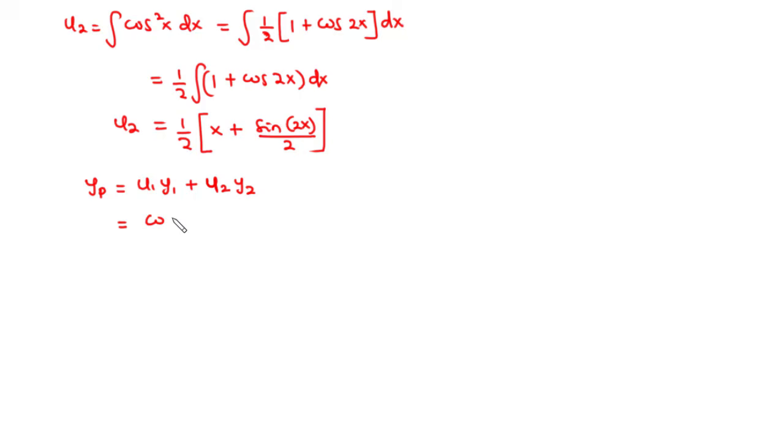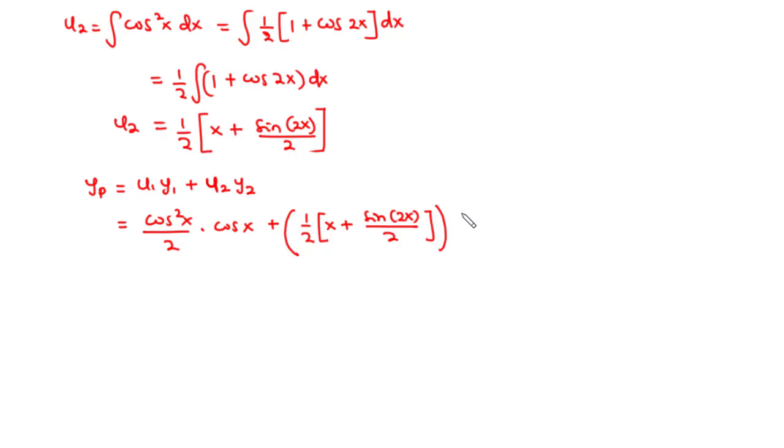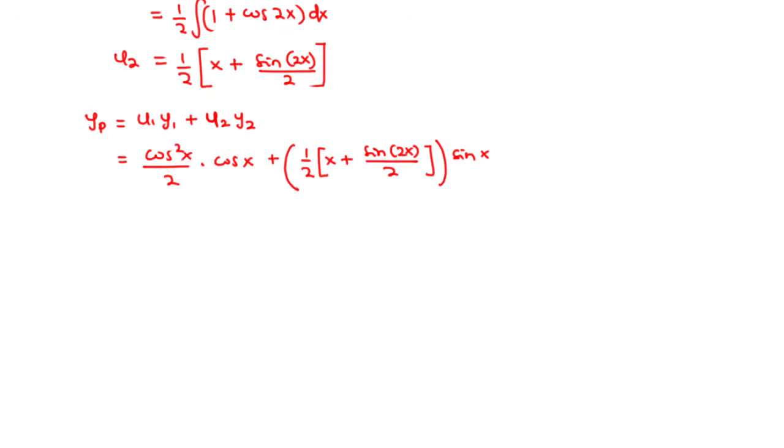So that's cos square x over 2 times cos x plus, for u2 we have 1 over 2 times, in brackets, x plus sin 2x over 2, times y2, and y2 is sin x, so times sin x.